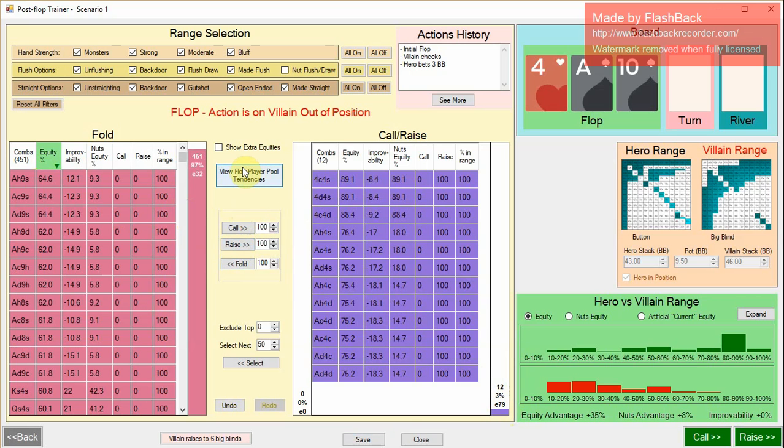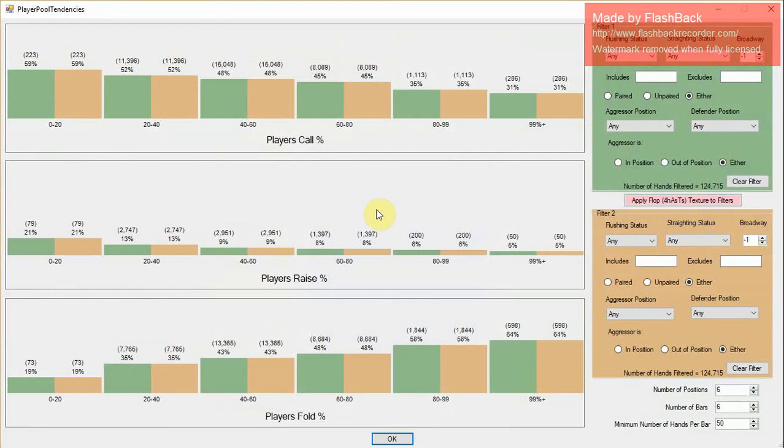However, if we go to this tool here, which is the flop player pool tendencies, this actually allows you to put in filters and, using the hand histories, determine based on what the aggressor's bet size on the flop was, when they had a chance to continuation bet and they chose to, what the reaction of the player pool then generally is.